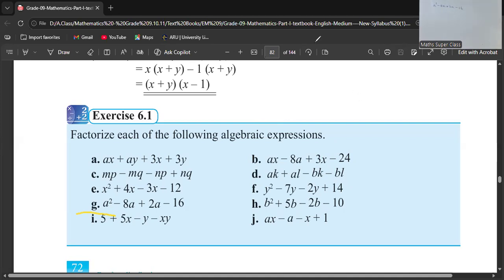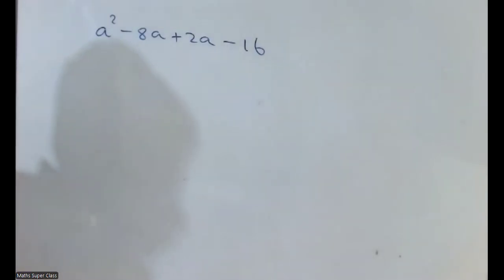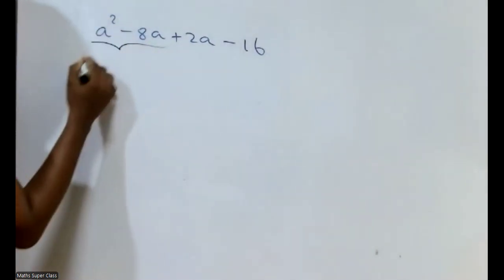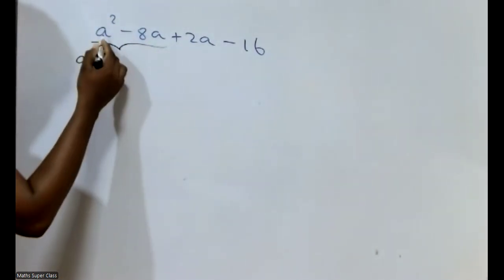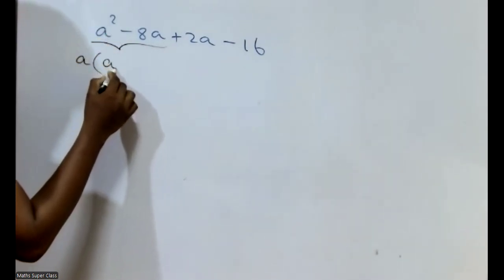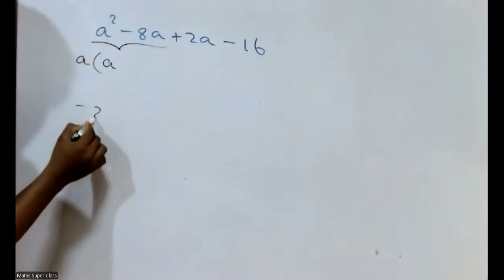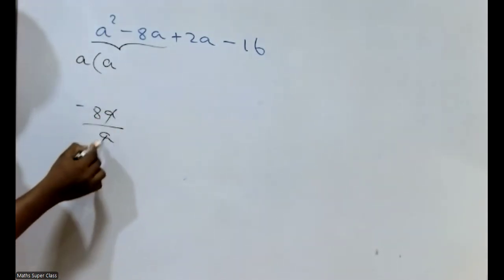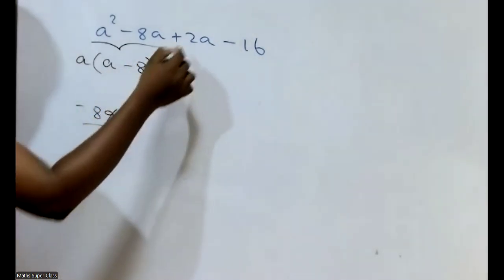Then hereafter we will move to the other parts also. In here a is the common factor. We can find a from here. So a square divided by a is a, minus 8a divided by a is minus 8.